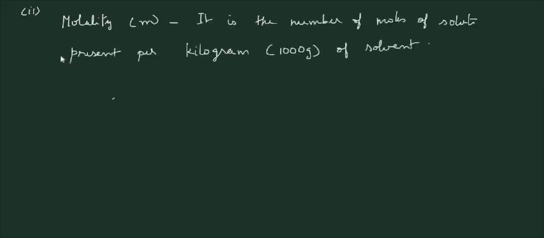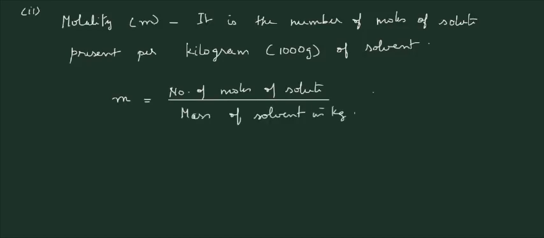Second one is molality. Small m. It is the number of moles of solute present per kilogram of solvent. So small m is equal to number of moles of solute divided by mass of solvent in kg.